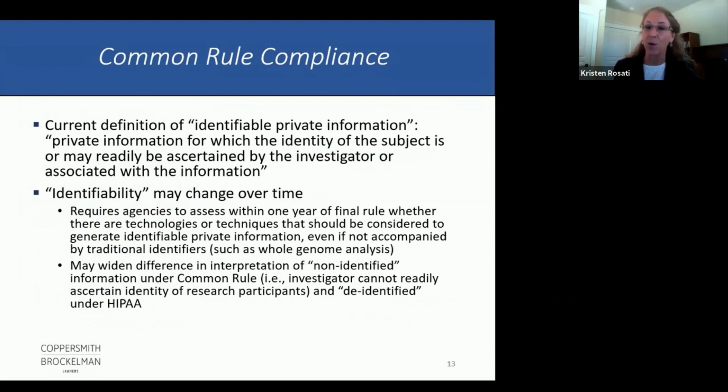We expect that whole genome analysis will be first on the list for analysis. So it could be that if the Office for Human Research Protections or other agencies that enforce the Common Rule decide that genetic information or certain types of genetic information are identifiable information, those agencies could be out in front of the Office for Civil Rights for a period of time, which may create a disconnect between the regulations.